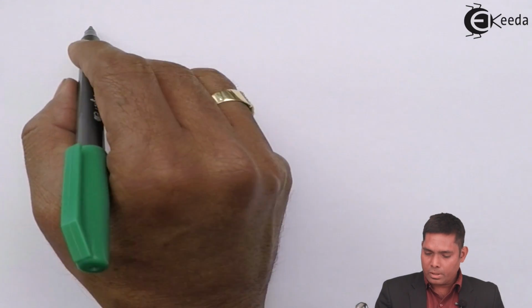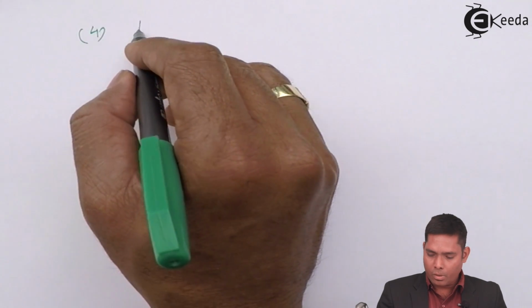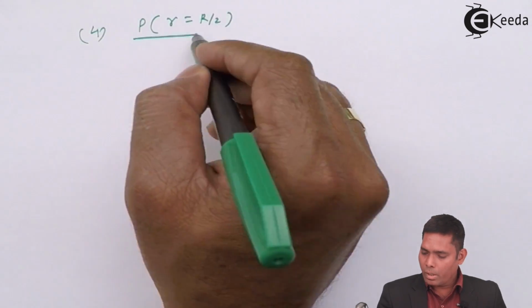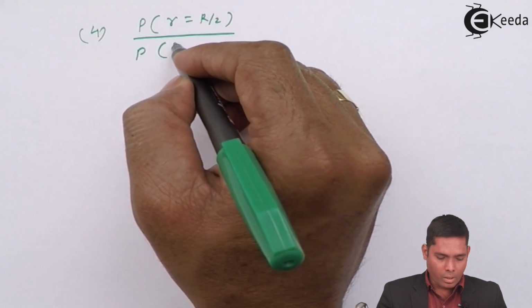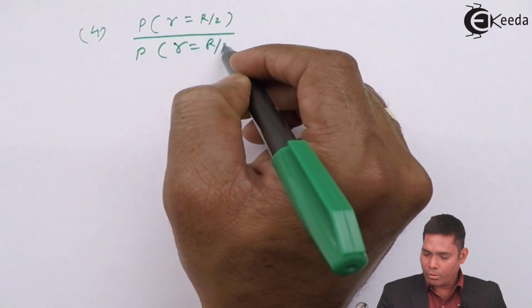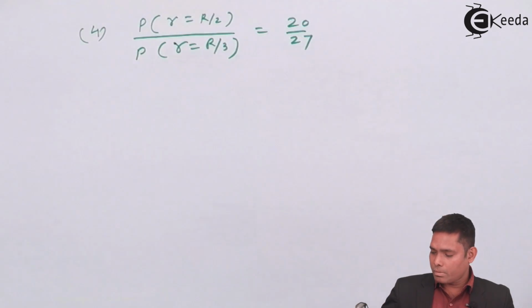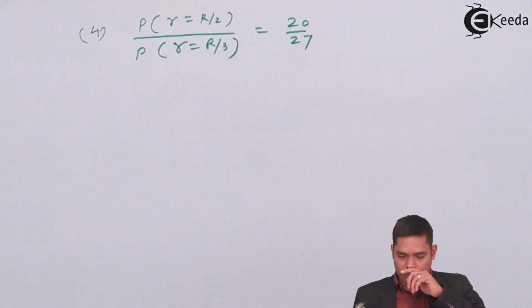The fourth option says that P of R by 2, you have to substitute, and P of R by 3, you have to substitute, and that gives us 20 by 27. We have to check whether it is 20 by 27 or not.